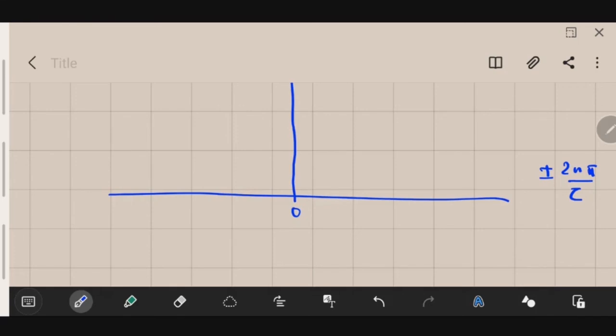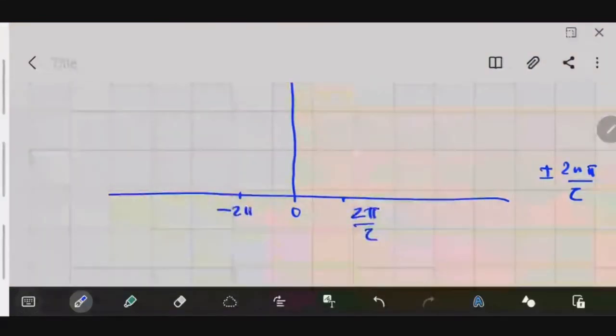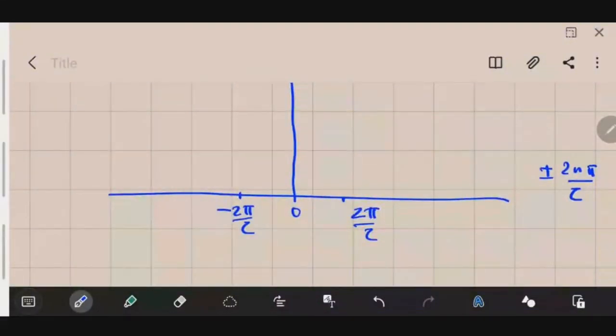So these are the first positions. When n is equal to 1, it will be 2 pi by tau, and on the other side minus 2 pi by tau. Similarly, when n is equal to 2, it will be 4 pi by tau, and on the other side minus 4 pi by tau.